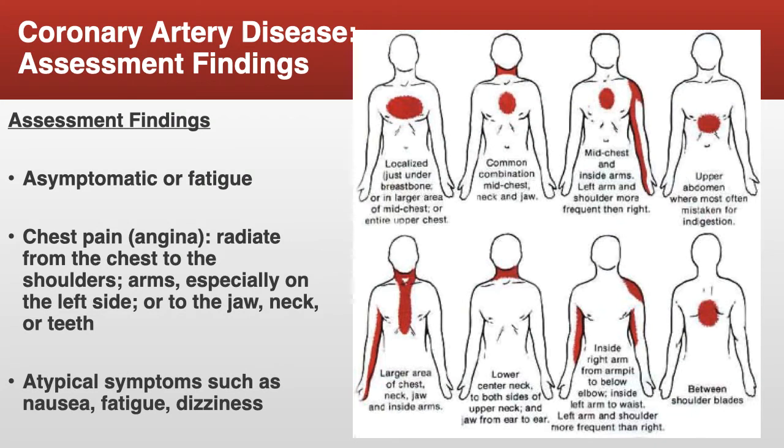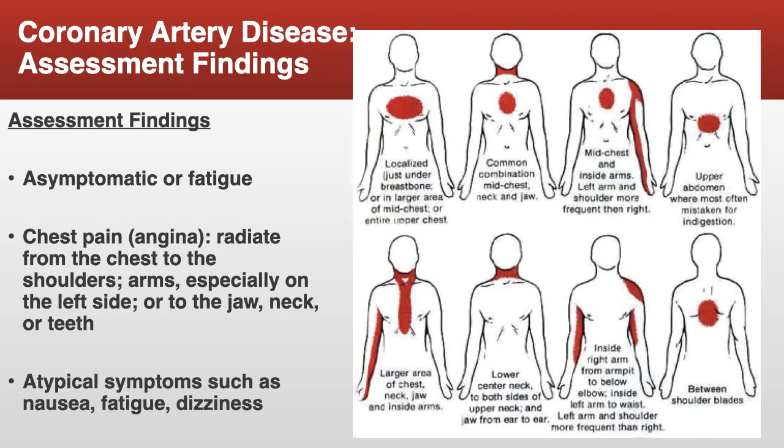The pictures on the right show you some different areas or types of feelings that the patient may have when they're complaining of chest pain when they come in. But most of the time, your patient is asymptomatic or they just have a vague complaint of fatigue.